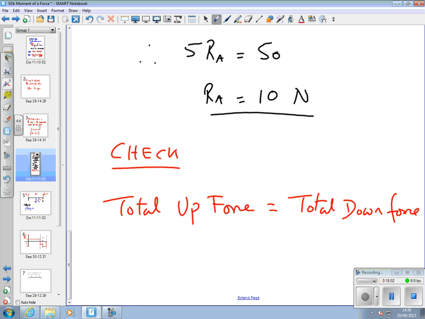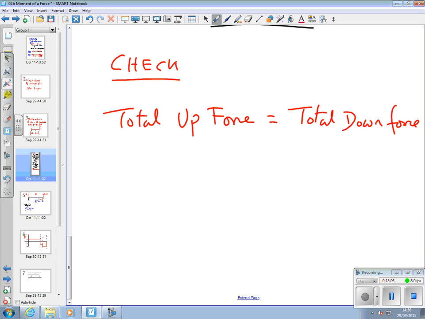That's my check. So I add up all the up forces. And I add up all the down forces. And if they're the same, I conclude there's a fair chance I've not made a mistake.